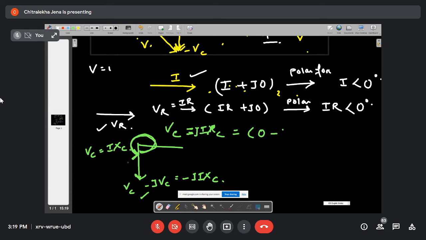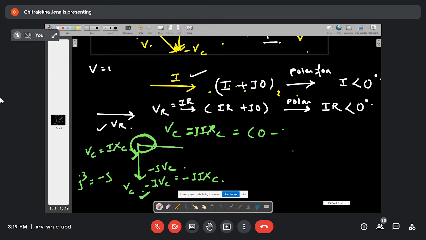Minus J, ma'am. Minus J. That's what I have multiplied. J cube is nothing but your minus J. So I have multiplied with minus J into VC. Clear? J has no relation with the magnitude.